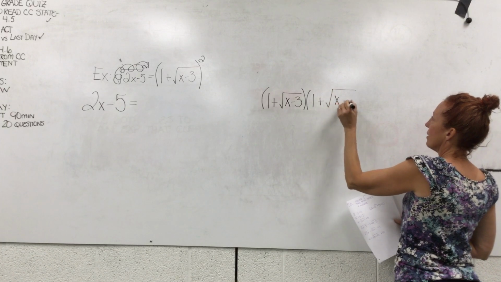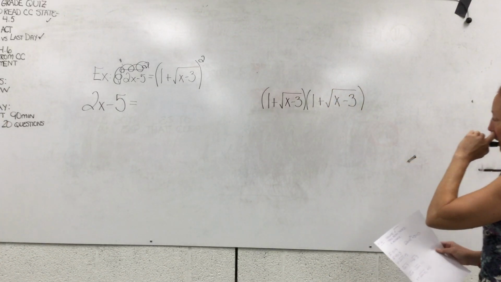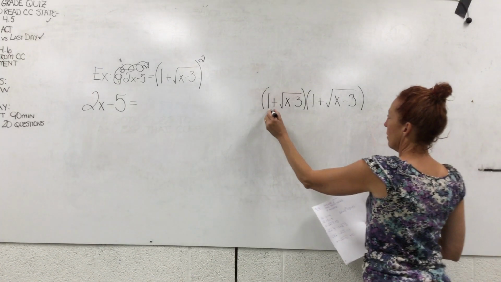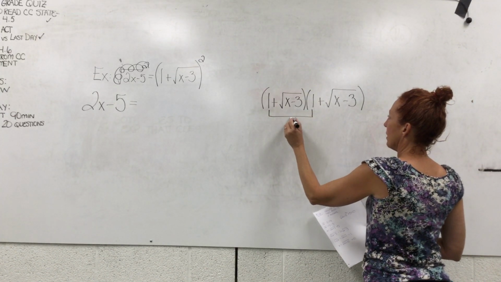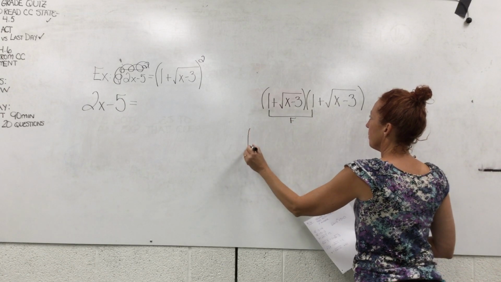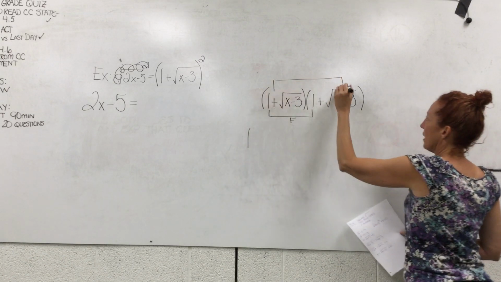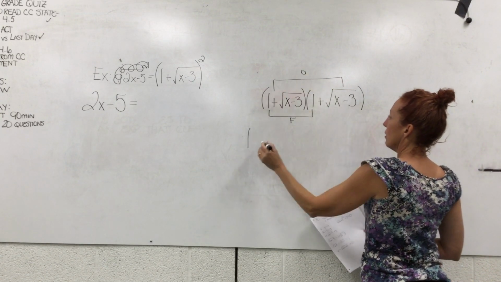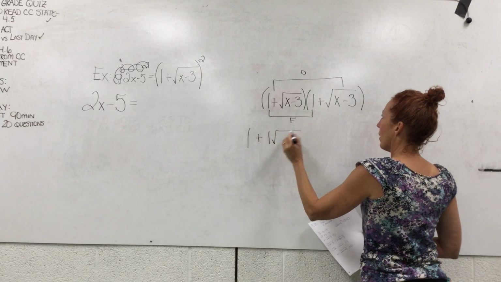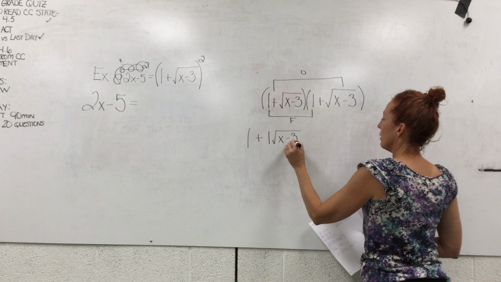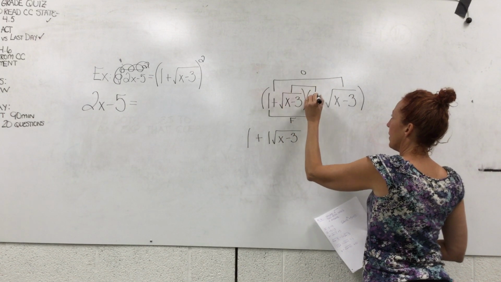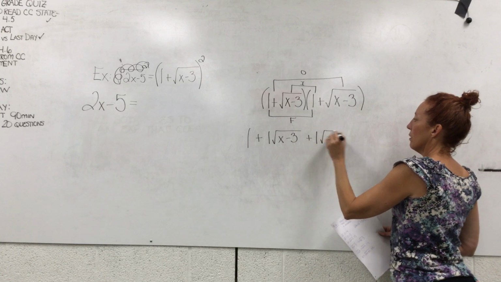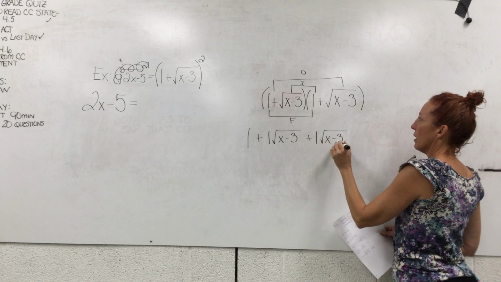So I need to first, outside, inside, last this. And it does get a little complicated, so bear with me here. So 1 times 1 is the F of FOIL. The outside piece is 1 times radical x minus 3. There's the O. So plus 1 radical x minus 3. The inside piece is the I of FOIL. So plus 1 radical x minus 3.